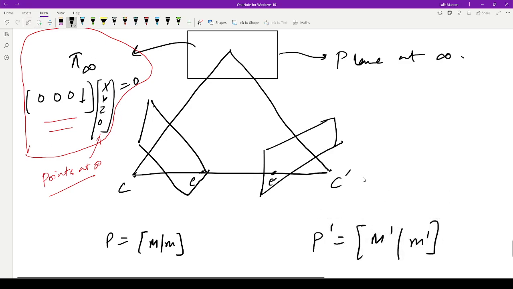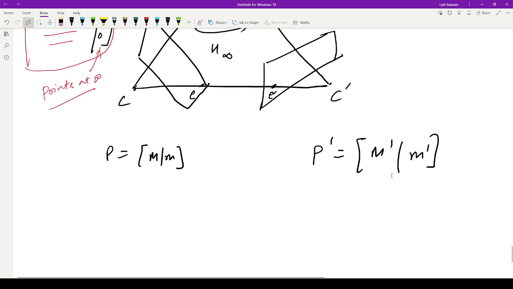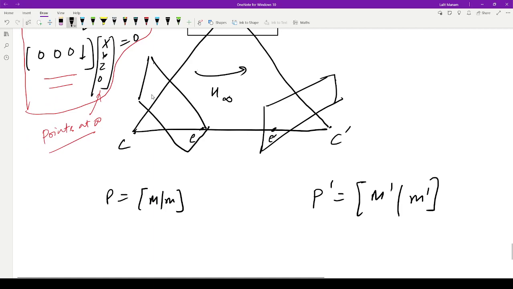Okay. Coming back, what do we need to do? We need to find this H pi, which is H at infinity for our case, the homography induced by the plane at infinity. Okay, as simple as that, we will go back to our favorite projection equations.